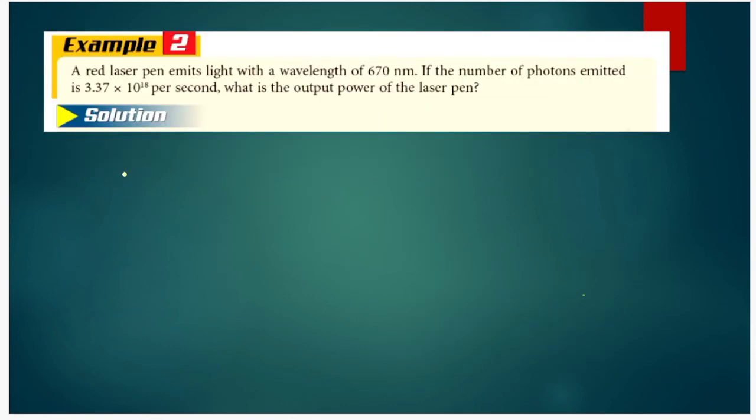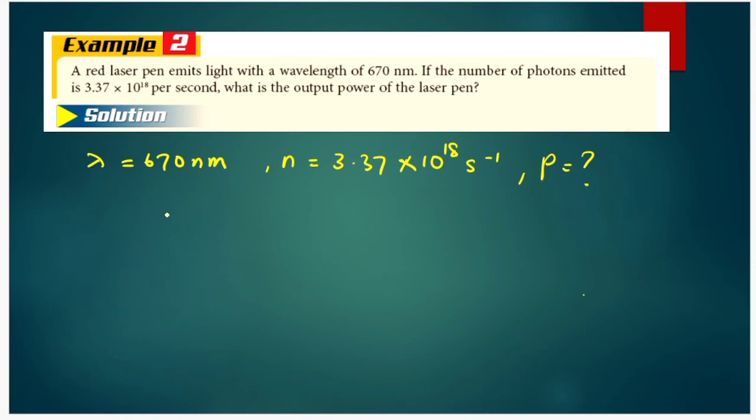Example 2. A red laser pen emits light with wavelength of 670 nanometer. If the number of photons emitted is 3.37 times 10 to the power of 18 per second, what is the output power of the laser pen? This means we need to determine the value of P. From the formula of power, P equals nhc divided by lambda.